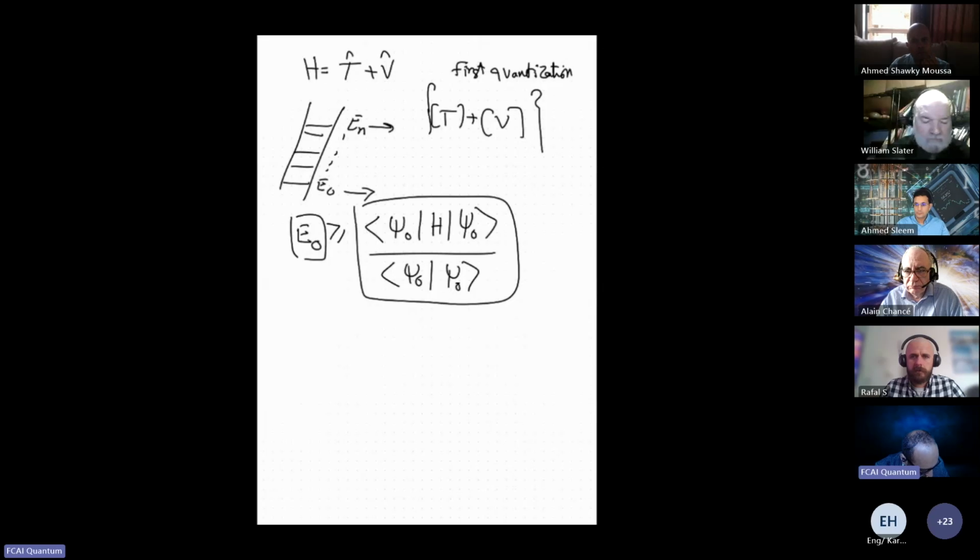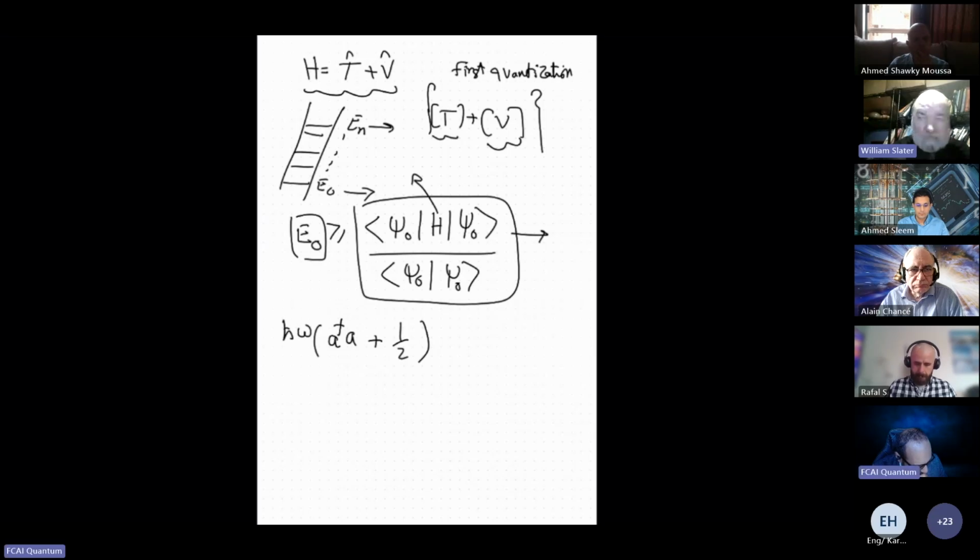So you can compute the ground state using something like this. And this is what we are going to use in quantum computer. Indeed, if you have the Hamiltonian in terms of the grid, you can pretty much diagonalize and have everything. But if you don't know, for example, you have your potential, but you cannot evaluate the kinetic energy operator on a grid or the potential on a grid, then the ladder operator would make sense.